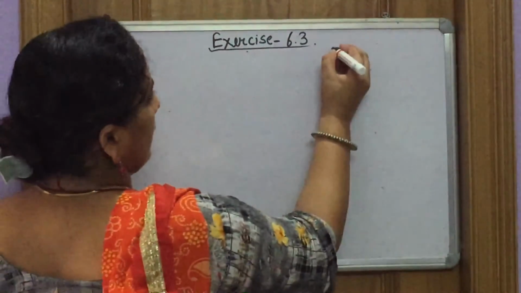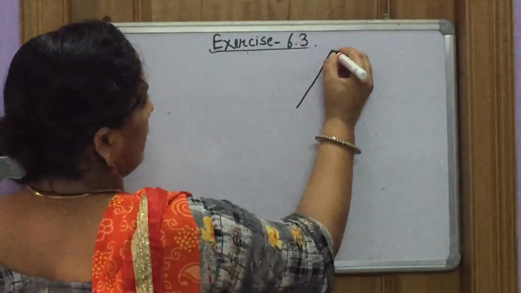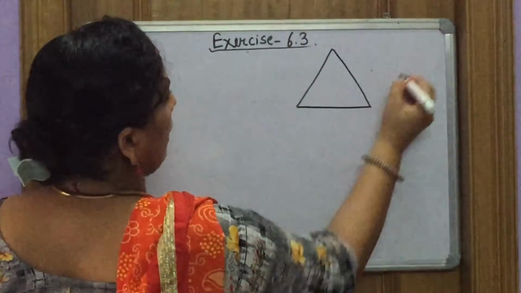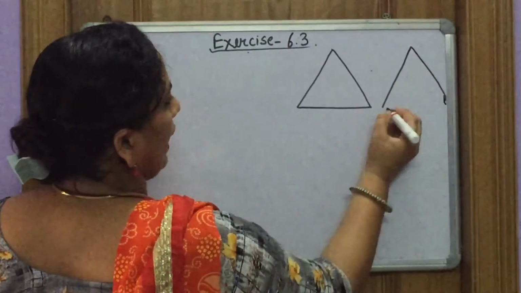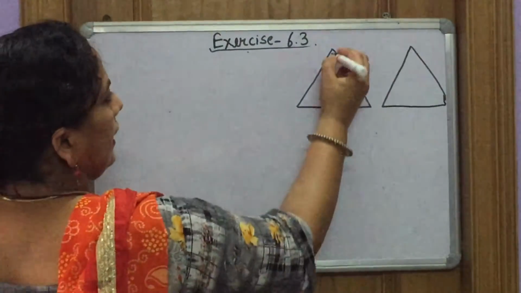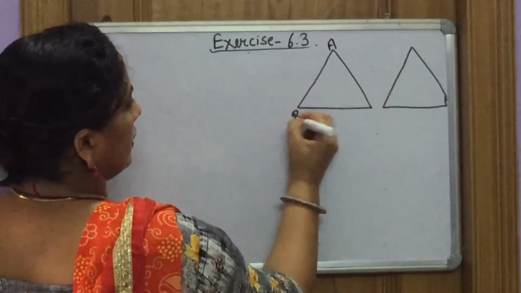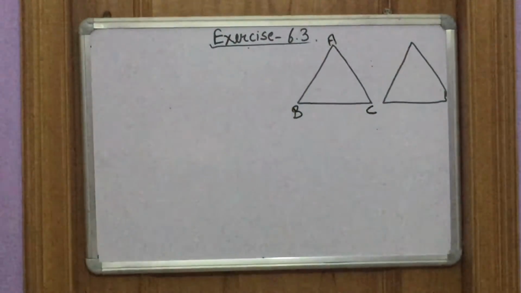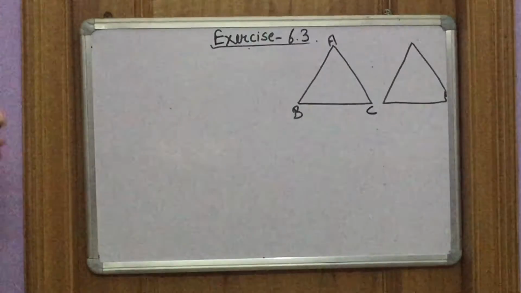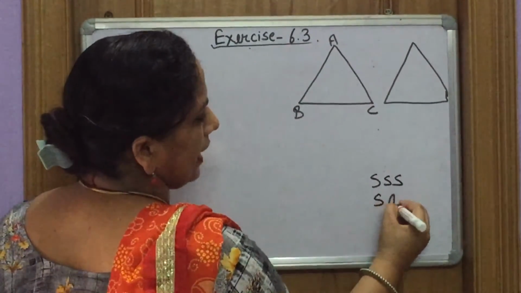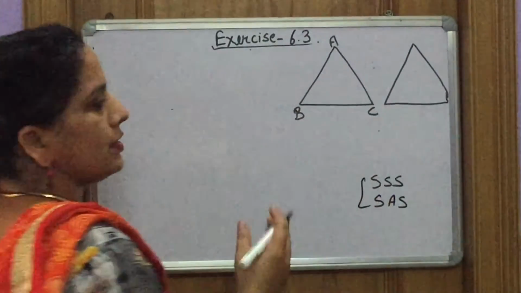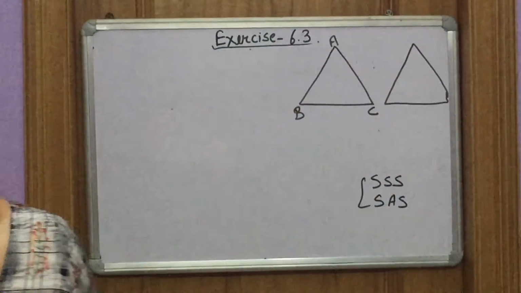So students, in this question we will not follow the angle-angle criteria, because in this question the proportionality of sides is given. That's why we will use the side criteria, or side angle side, because in this question sides are mentioned.